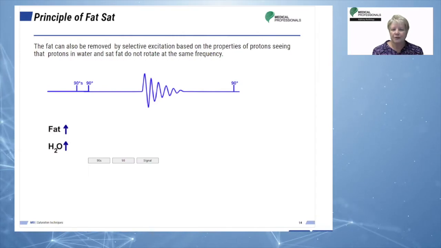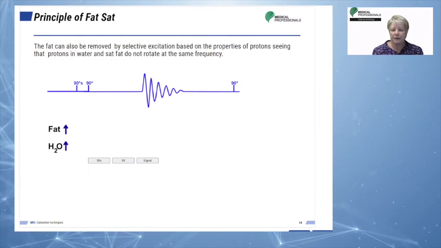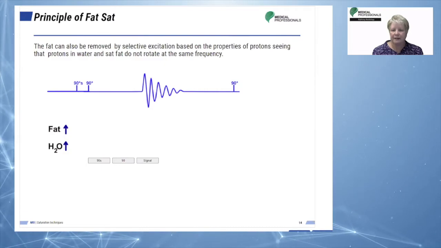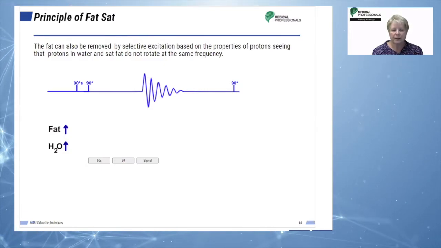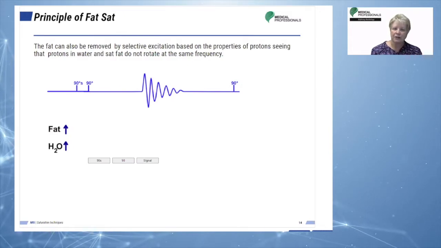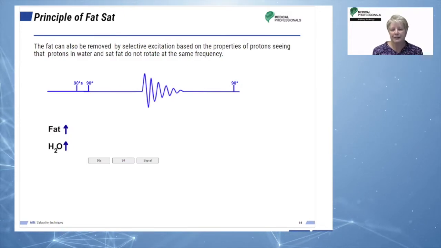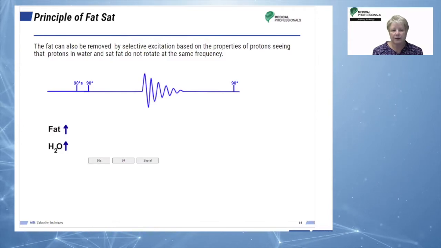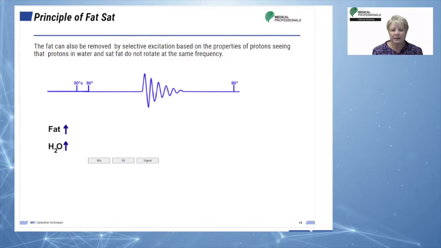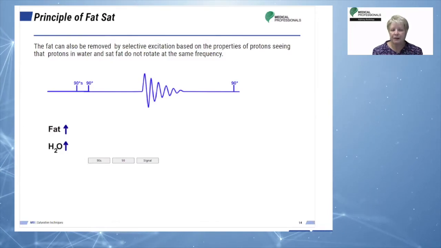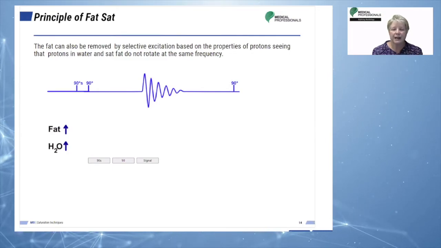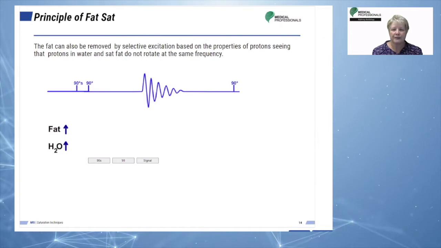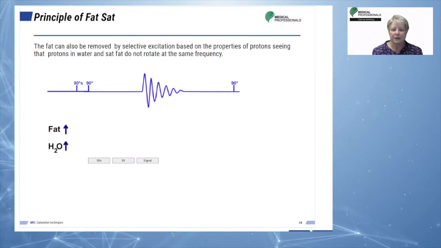The difference in rotation velocity between protons of water and of fat, in this case, is always 3.4 parts per million. This value expressed in hertz is proportional to the intensity of the magnetic field. At 1.5 Tesla, this difference is 208 hertz. The higher the field intensity, the greater this difference, and the easier it is to differentiate the two.